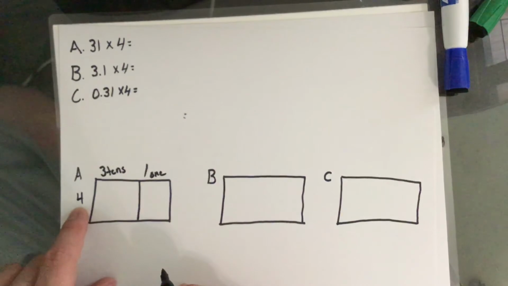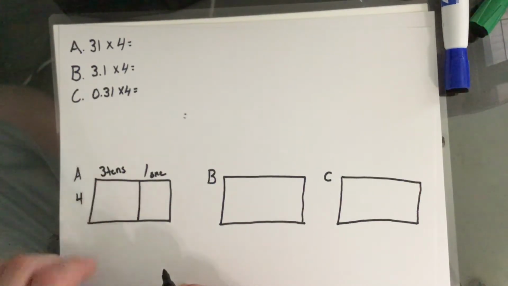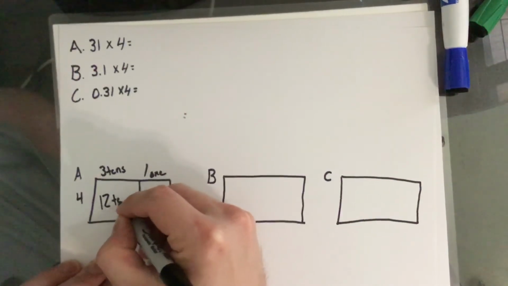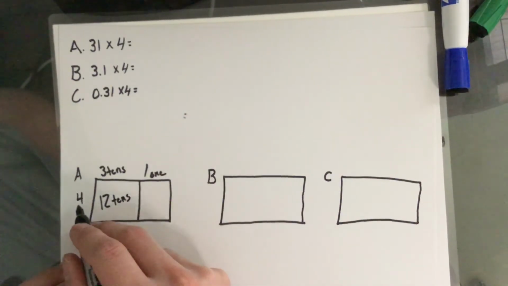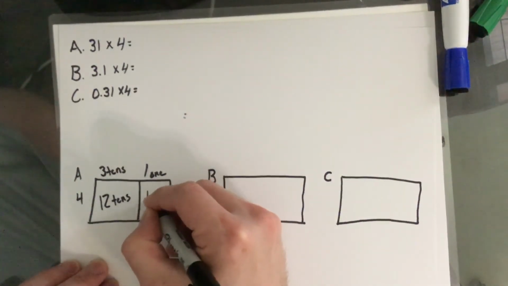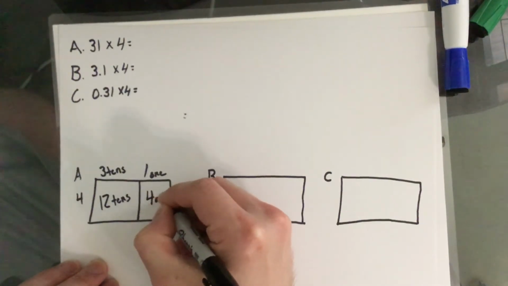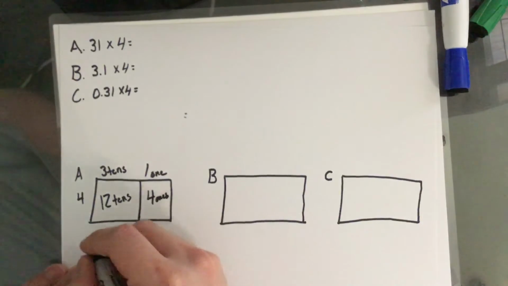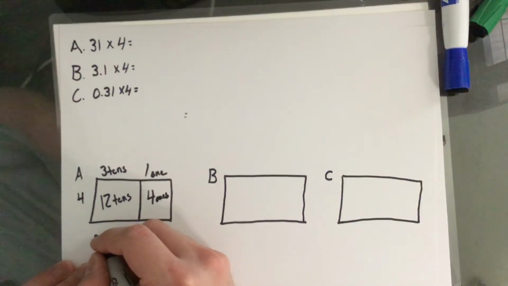So now I just need to multiply. 4 times 3 tens would give me 12 tens. And 4 times 1 one would give me 4 ones. Now I just need to add those partial products. So I have 12 tens.